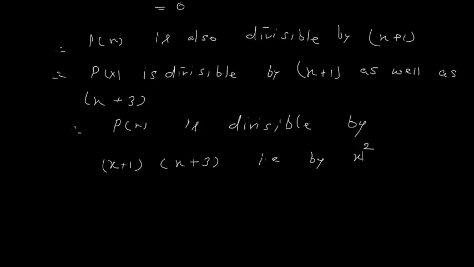This is x minus 1, not x plus 1. So that is x square plus 2x minus 3, hence proved.